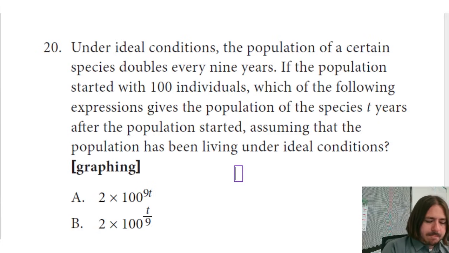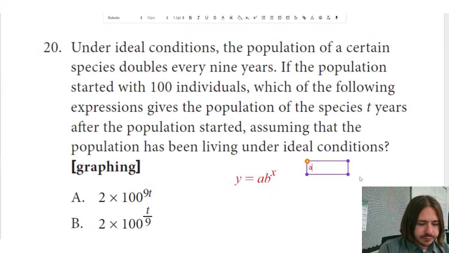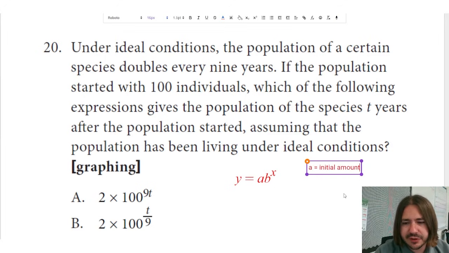So whenever you're trying to set up an exponential growth equation, which is what this is, anytime you're doubling or multiplying a value over and over again, you are working with an exponential function. And these are always going to be written in the form a times b to the x, where a is the initial amount. That's your y-intercept, essentially.